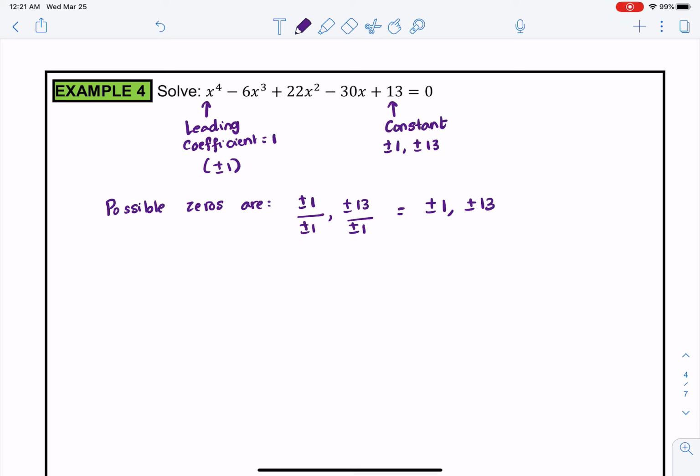So we always start simple. So let's start with 1. So f of 1, f is that function over there.